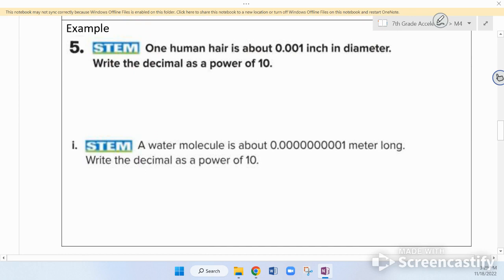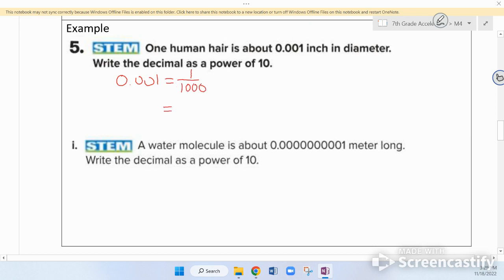All right, number 5. One human hair is about 1,000th inch in diameter. Write the decimal as a power of 10. Okay, so we know that 0.001 equals 1 over 1,000.